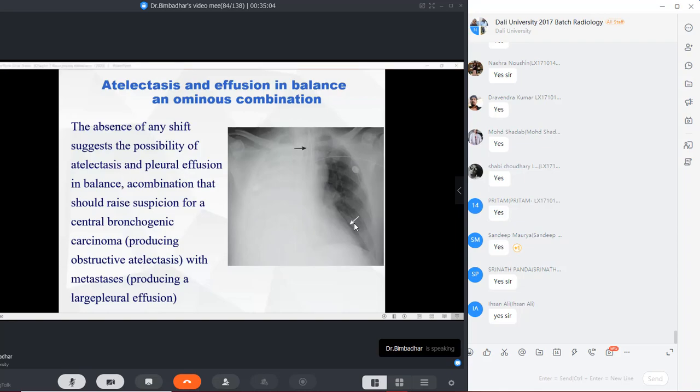Right? Did you understand here? So what is the condition that will not cause any kind of tracheal shifting or hemidiaphragmatic shadows or anything? It is the bronchogenic carcinoma. Did you appreciate this in the image? Okay, go back and once again do it. You can easily find it.